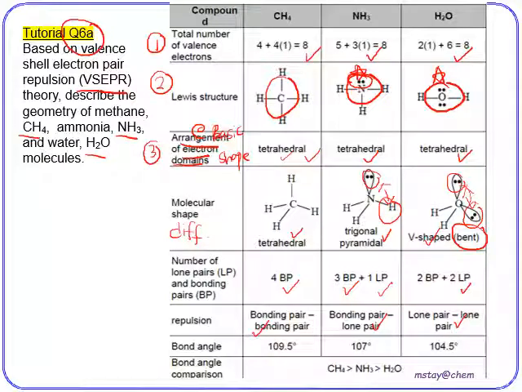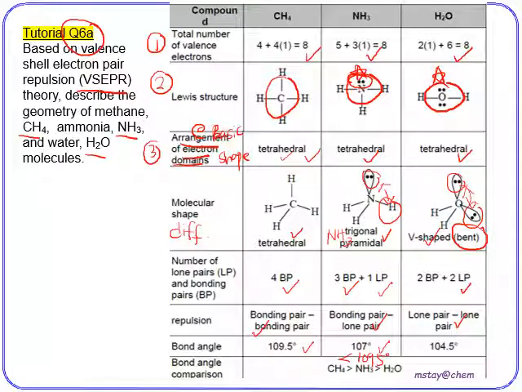Because the lone pair electrons need more space, you can see the bond angle, where if there is no lone pair electron, the bond angle is 109.5. With one lone pair electron, the bond angle will change to 107, but this one is specific to ammonia. If it is trigonal pyramidal but not ammonia, the bond angle is not necessarily equal to 107, but what we can confirm is that it is smaller than 109.5.